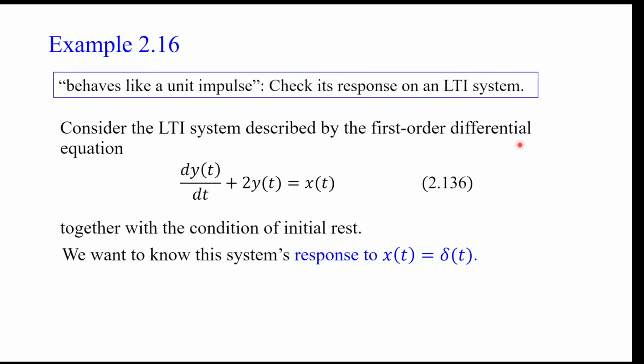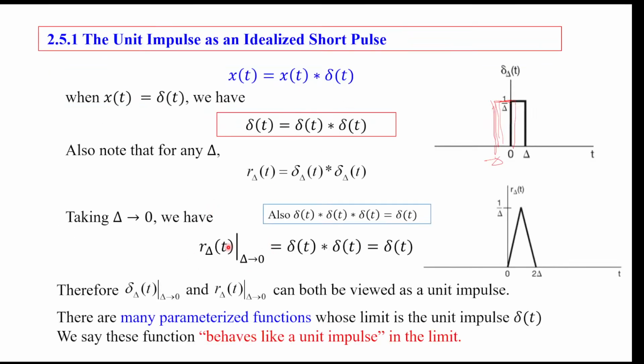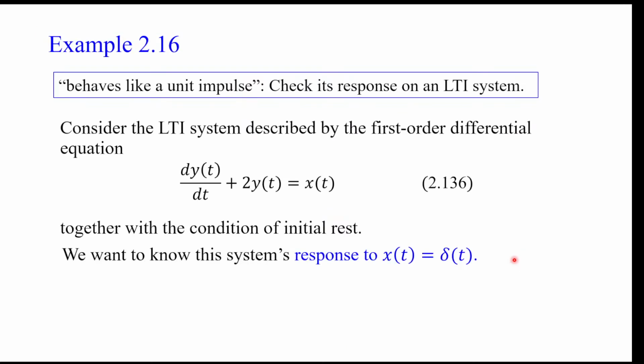Okay, and we can also analyze this behavior a little more. I guess this is useful when you try to build an approximation of the delta function. So you want to build a pulse that behaves like a delta function, and you want to see how short your pulse should be for your function to really behave like a unit impulse. Then you can test it on the system that you want to hit.